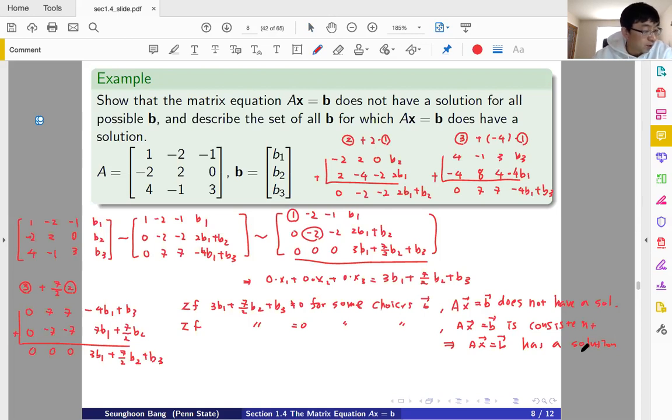So what is the final answer? What is the solution set?